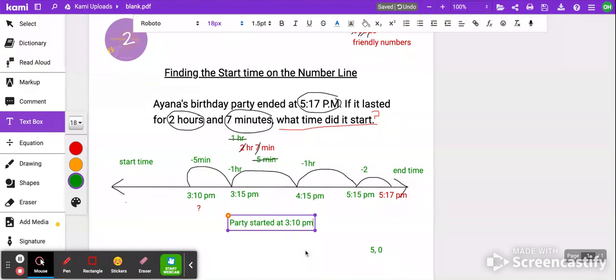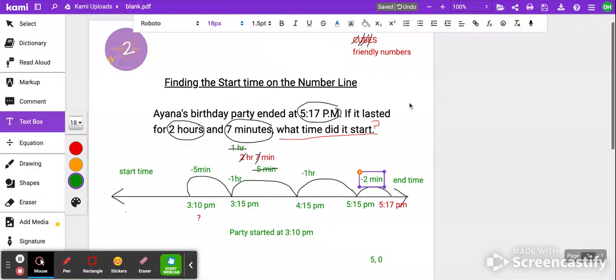So let's just double check our answer. Here, we know that the party ended at 5:17. Here, it looks like we subtracted 1 hour, 2 hours, and 5 minutes and 7 minutes, and we came up with 3:10.